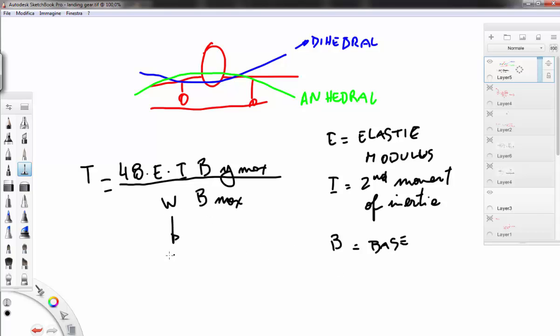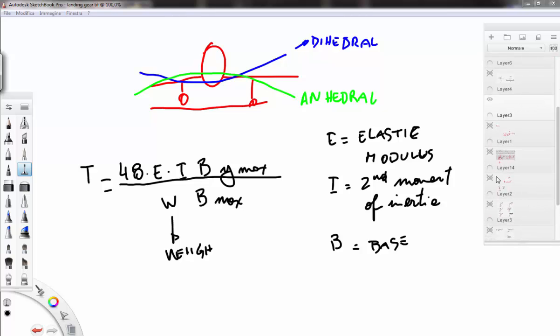This is the weight, and B max is what is it? B. Oh, I deleted it. Okay, no problem.